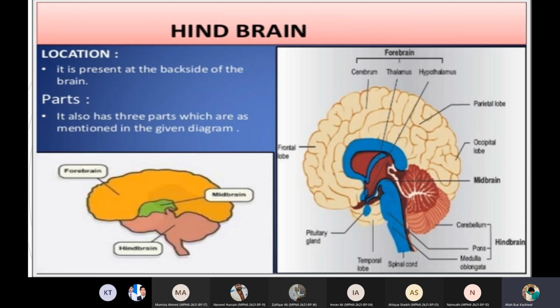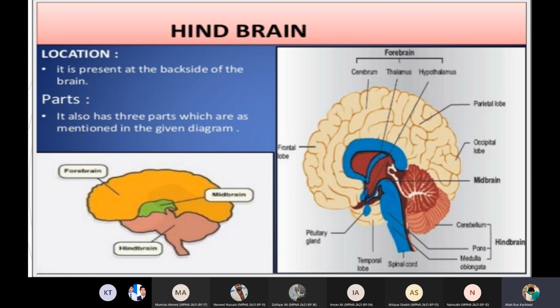Now the hindbrain is present at the backside of the brain. It is known as the hind, meaning the backside or lower portion, because the mid is in between the forebrain and hindbrain.